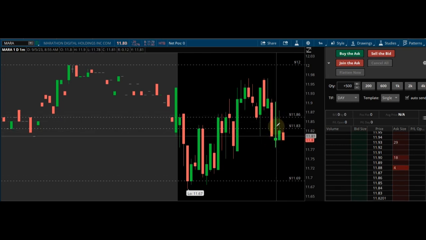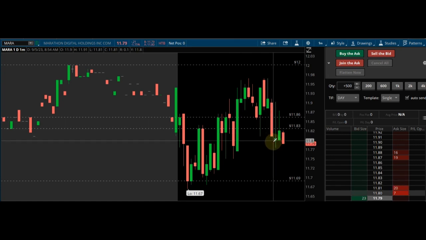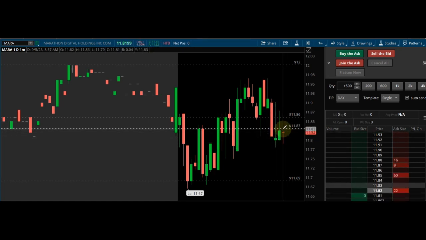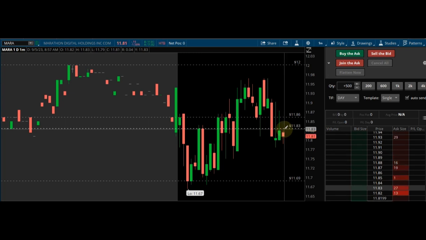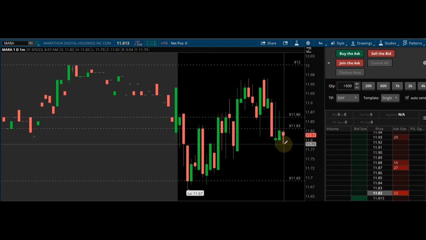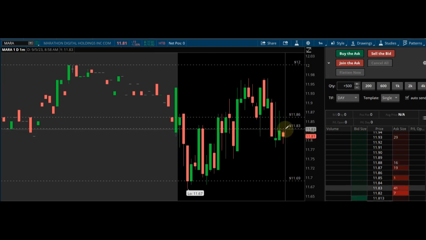So we did break through this support level and it came all the way down to here. Now it's going back up to test this level and it couldn't get through it. It formed a new candle, dropped down to here. Now it's coming back up to test this resistance level again.